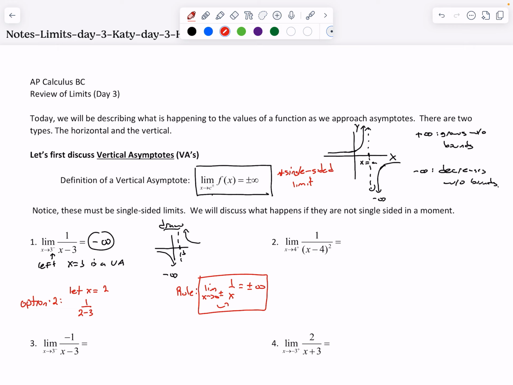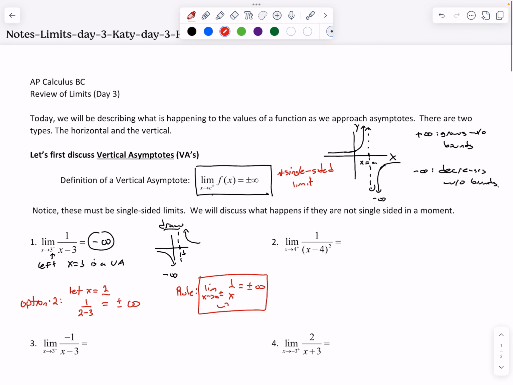So I know that this 2 minus 3 right here should be 1 over 0, so this is going to give me either plus or minus infinity. So why do I pick the 2?